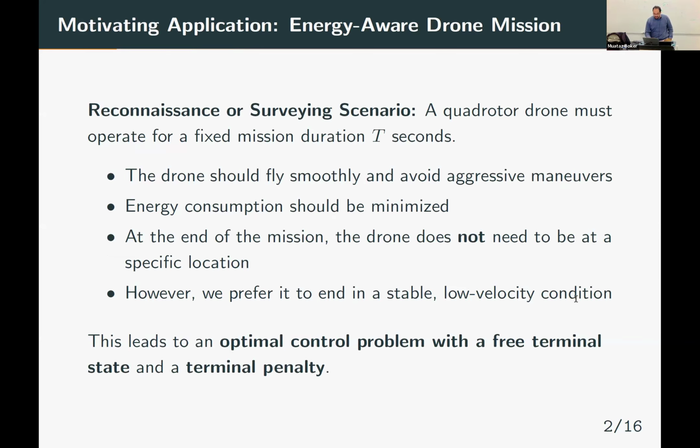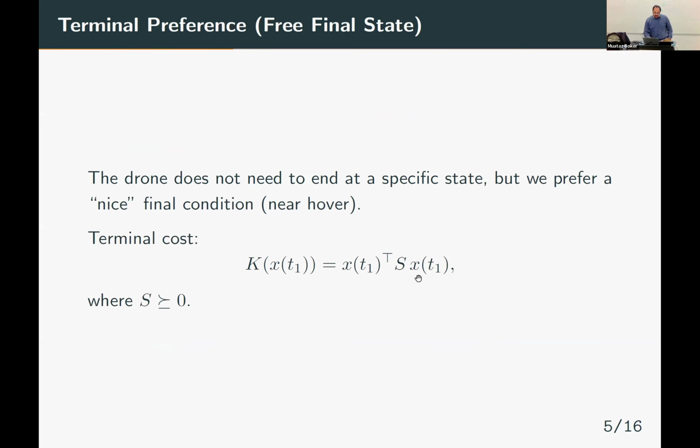To satisfy this statement, we can choose the final penalty to be X at T1, which is the final time, X at T1 transpose S X at T1, where S is a positive semi-definite matrix. That will make X at T1, the final state, smooth.